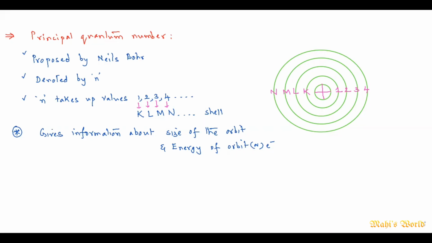So simply speaking, it tells us about the size and energy of the orbit.